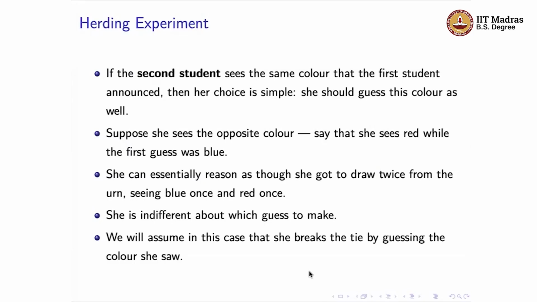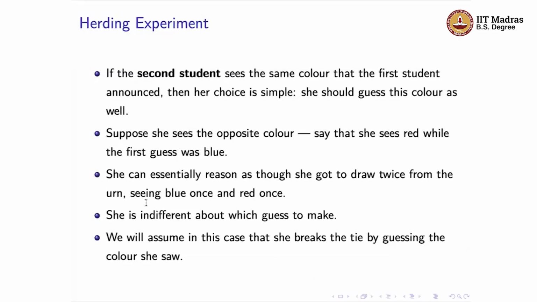However, if the second student actually observes that it is a red colored marble that she is picking up, then in that case, she has basically got two pieces of information. It's as if she has actually drawn twice. Why? Because the first person's guess actually conveys the information of what the first person saw.